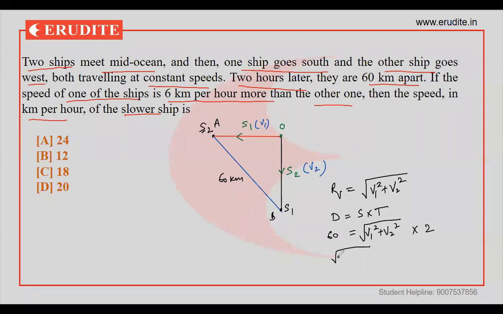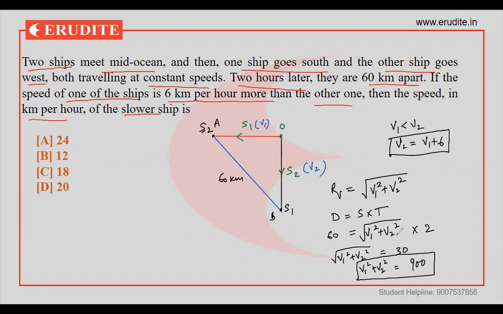So I'm getting that under root v1 square plus v2 square equal to 30. So v1 square plus v2 square equal to 900. So this is the one equation. If I assume that v1 is lesser than v2, this is the slower speed v1 and this higher speed is v2, and v2 is given as v1 plus 6.